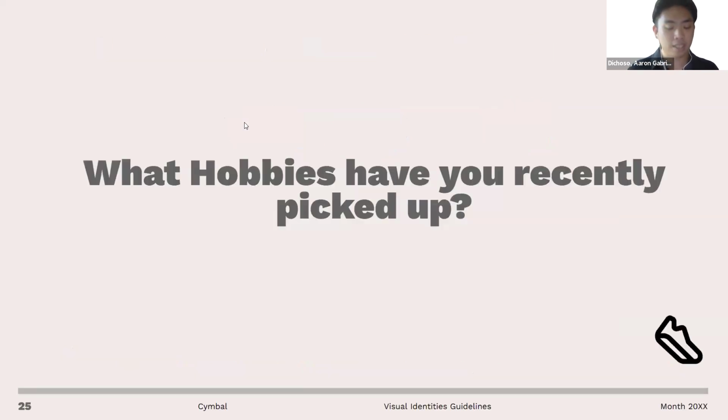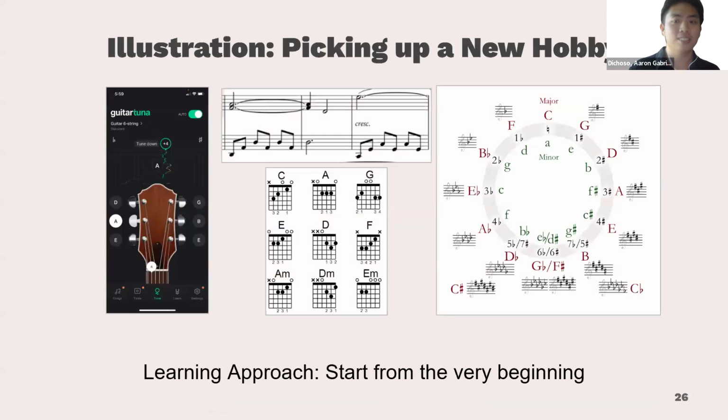Going back to the question I asked earlier, what hobbies have you recently picked up? When you were learning your hobbies, what method of learning did you find easier? For example, some people learn their hobbies from the very beginning, starting at the foundations. Going back to my own hobby of learning the guitar, some people started learning from the very bottom of the foundation: learning how to read notes, how the chords work, what each note sounds like, and what each note is best suited for in a major scale.